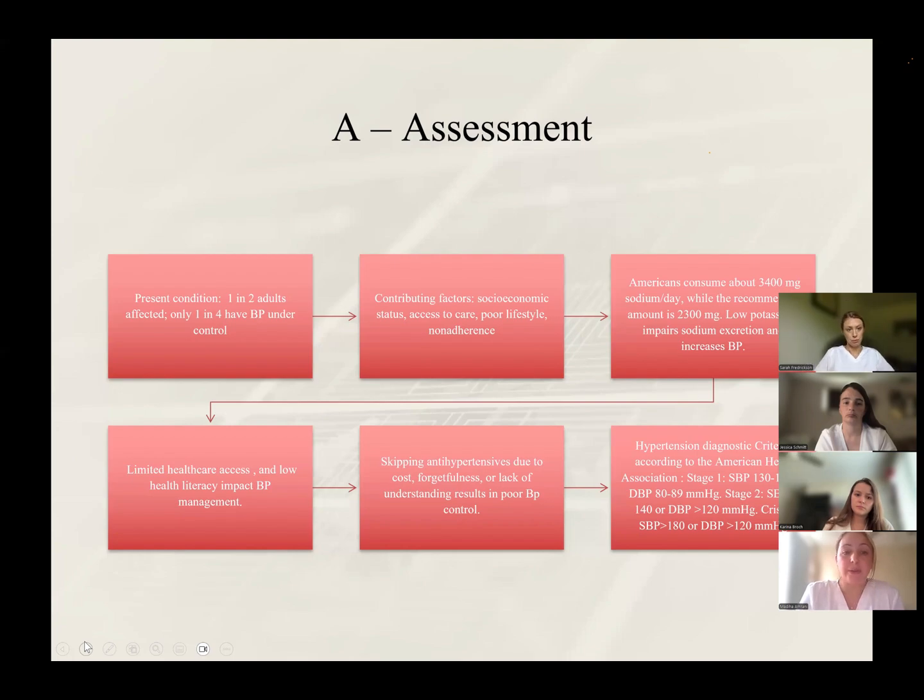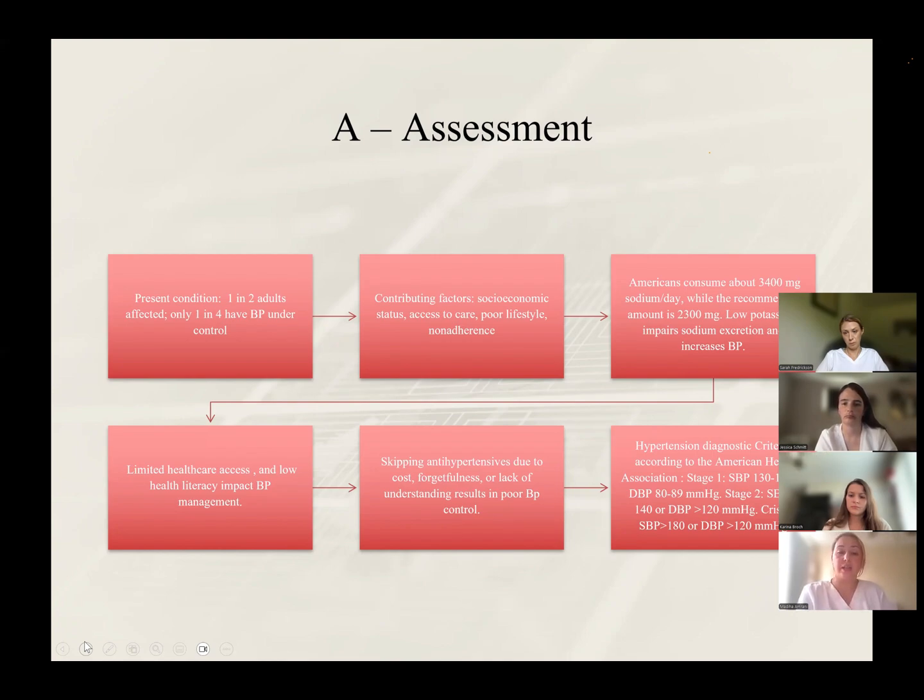Okay, so here we go again. If we assess, we go back to the same factors that are contributing to all of this. The new thing in this slide is that Americans consume about 3,400 milligrams of sodium per day, which is pretty high compared to the recommended amount of 2,300 milligrams a day.